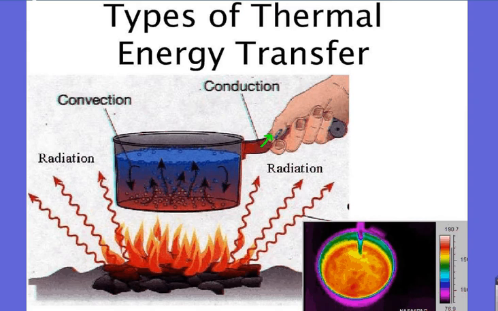When you're holding that pot of boiling water above the fire, the energy is going from the flames to the pot through radiation, because energy is radiating through waves. You're not physically touching the thing that is burning. It's the rays that are coming off of it that are heating it up. And then in the pot, you have convection going on.